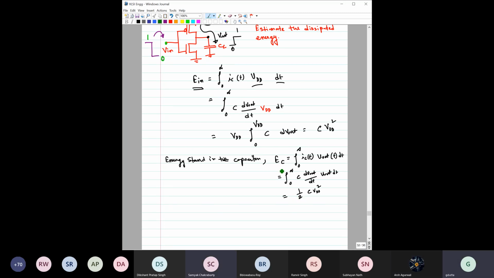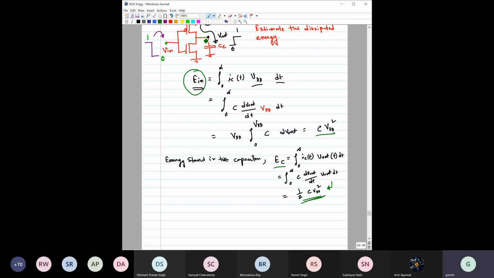Yes, sir. Okay. Right. So you can see here, this is the total energy taken from this source, and this is the amount of energy stored in this capacitor, right? After this capacitor has completely charged, you can also see that the stored energy is actually half of the energy taken from this source.